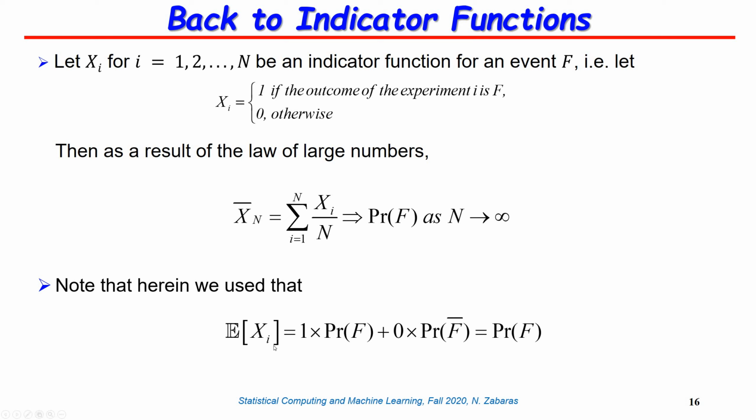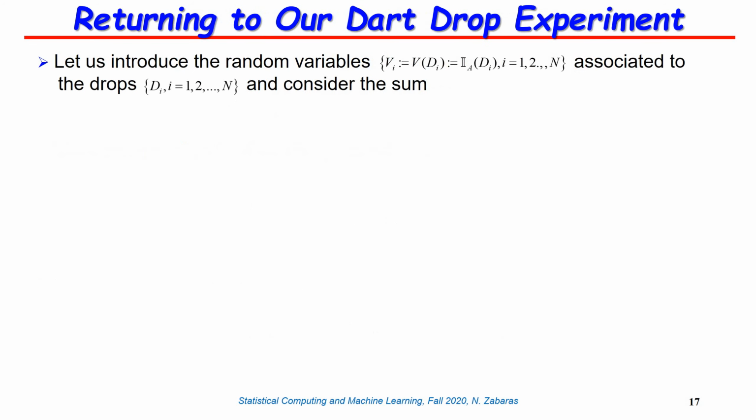Because this variable is binary with values 1 and 0, the probability that you will hit the circle is the same as the expectation of this random variable. So when you see me in the slides sometimes writing the expectation as the probability that I will hit the circle, just remember that the two things are exactly the same, simply because my indicator function is a binary variable by definition.